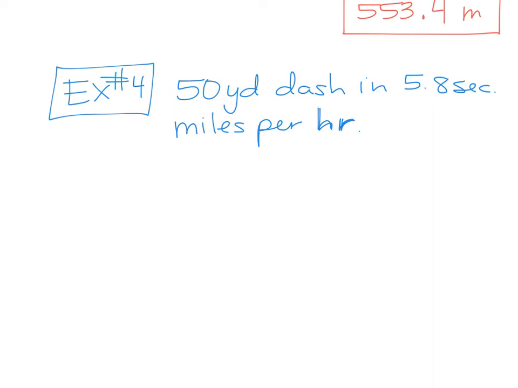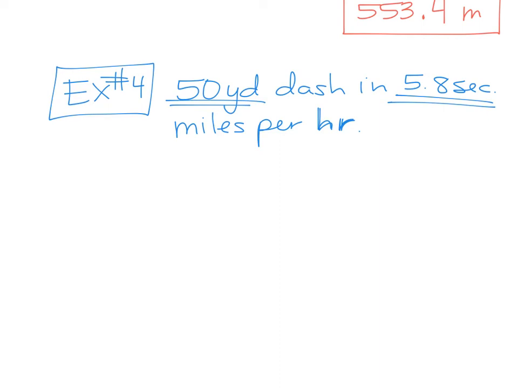So 50-yard dash in 5.8 seconds. Here's the thing. Normally, we've started with just a numerator, right? We've just started with one number, like 300 minutes is how many hours? Now I'm giving you two. I'm telling you yards per second, okay? So we're gonna start this one with 50 yards.